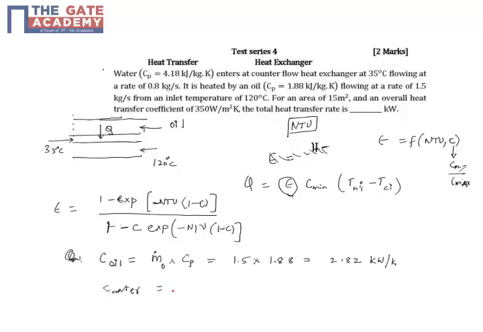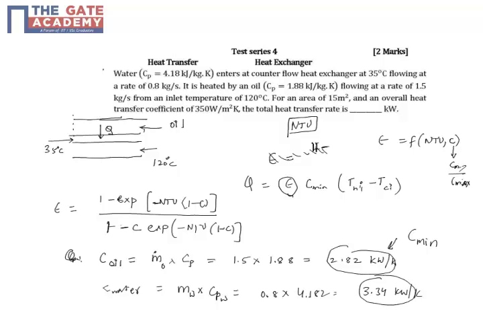And C of water is again mass of water into specific heat of water. That is 0.8 into 4.182, which is equal to 3.34 kilowatt per Kelvin. So comparing, this will be C min because it's the minimum of these two, and this is C max.